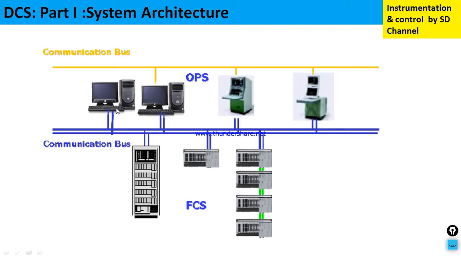So in OPS you can see the whole plant graphics, and you can give commands from this HIS to FCS. Now these are the PLCs which are connected to the communication bus or Modbus. It is giving the data to the HIS, and HIS will show you the values of this PLC.